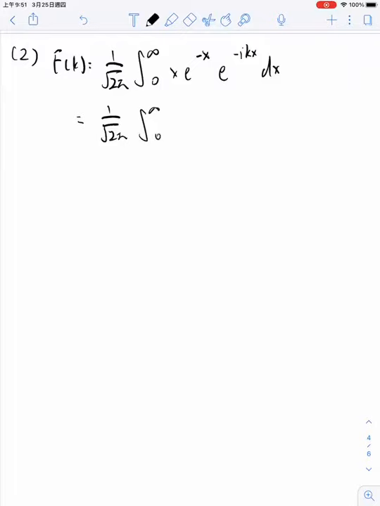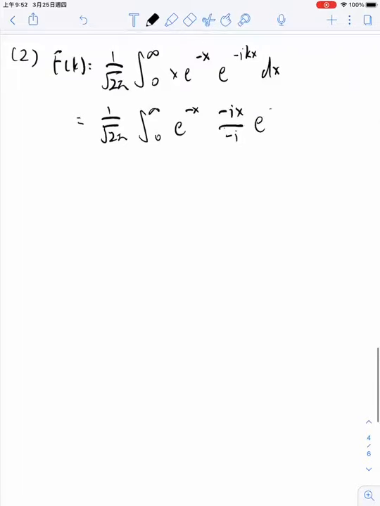I make a little rearrangement here: I multiply by negative i and divide by negative i here. So you will have this.